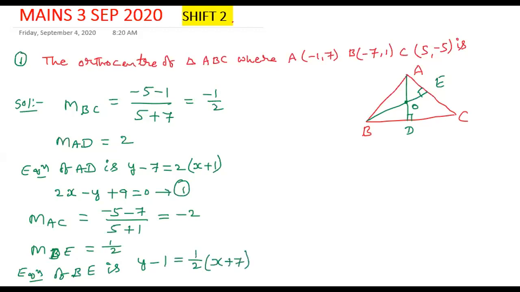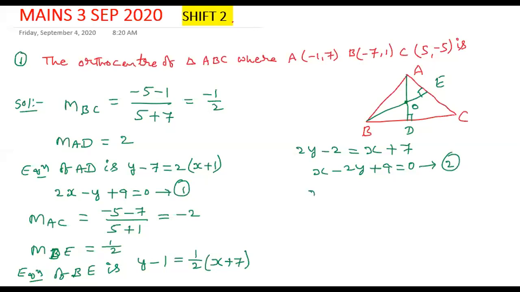Now observe the equation. We get 2y minus 2 is equal to x plus 7. Now x minus 2y plus 9 is equal to 0. This is equation number 2.